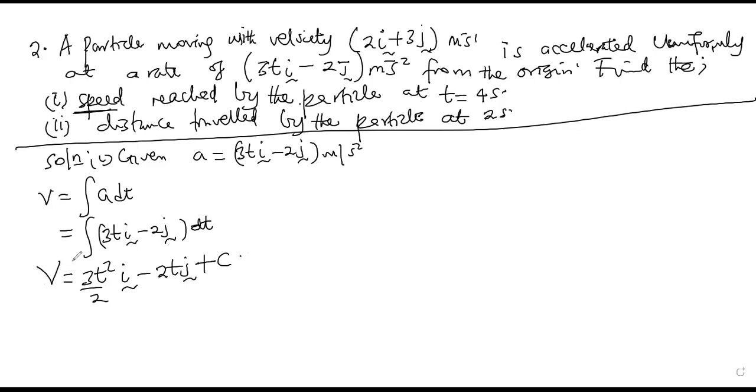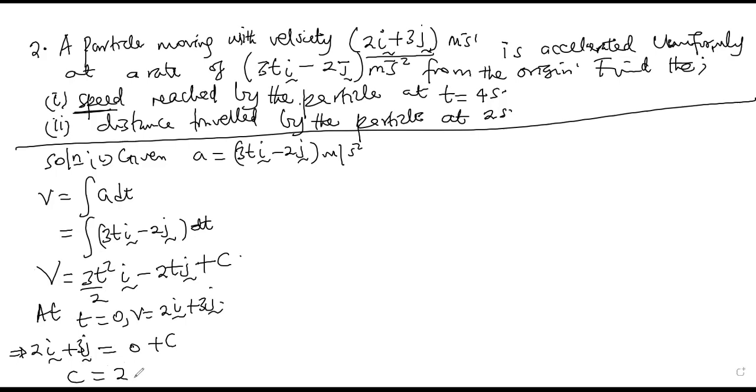That is our velocity. But when time was 0, the velocity was 2i plus 3j, because they told us it is starting from the origin, meaning at time t equals 0. Substituting, 2i plus 3j is equal to 0 plus c, implying that c is equal to 2i plus 3j.